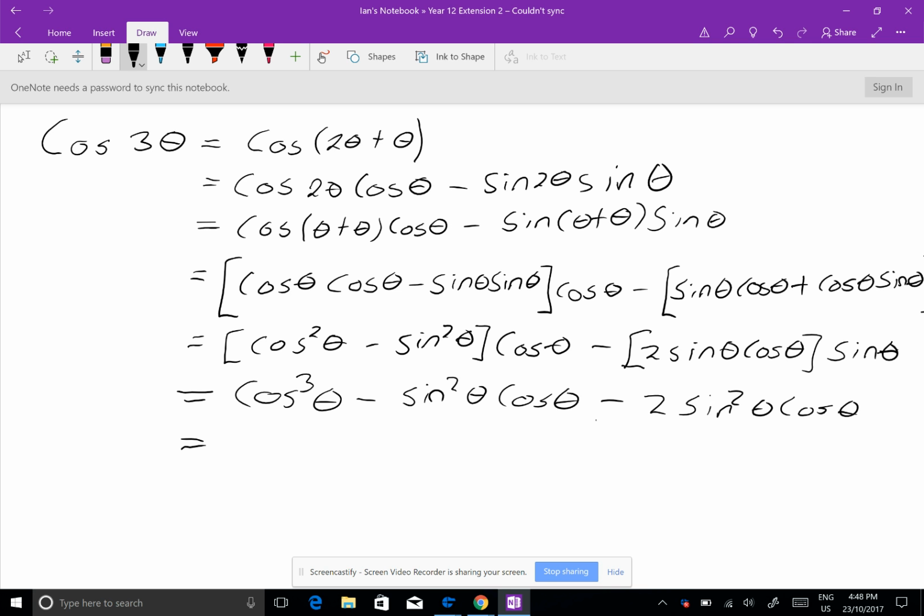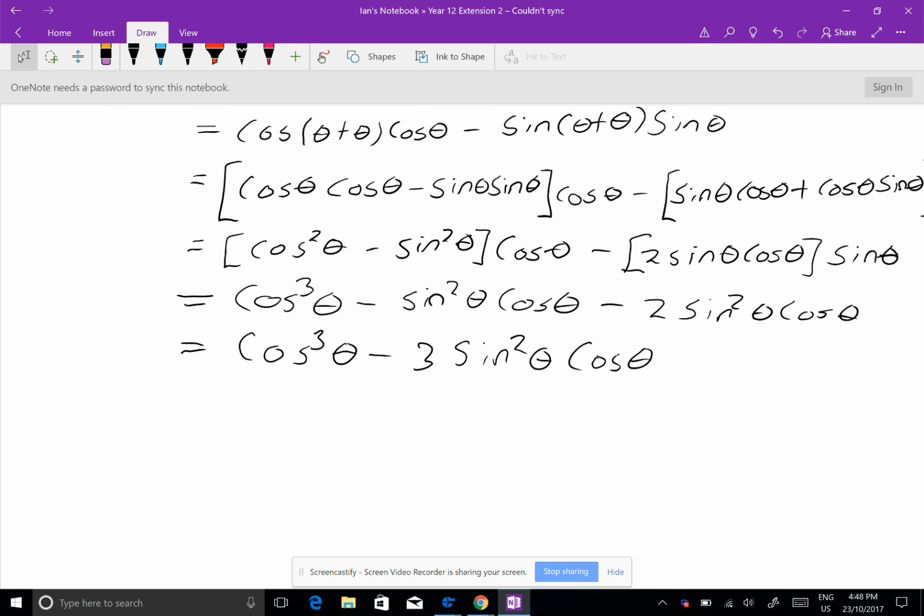Well, that'll give me cos cubed theta minus 3 sine squared theta cos theta. And that's where Patel leaves it. I'm going to go one step further. I'm going to change that sine squared theta to 1 minus cos squared theta.